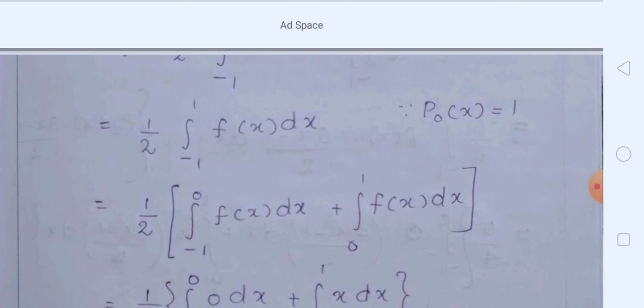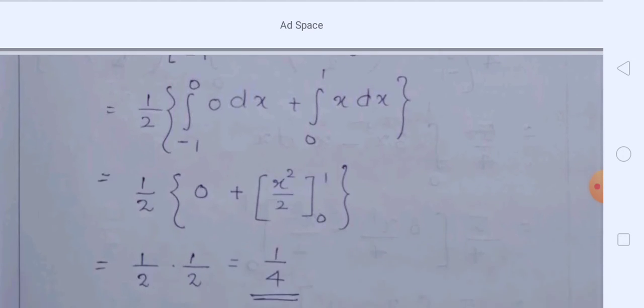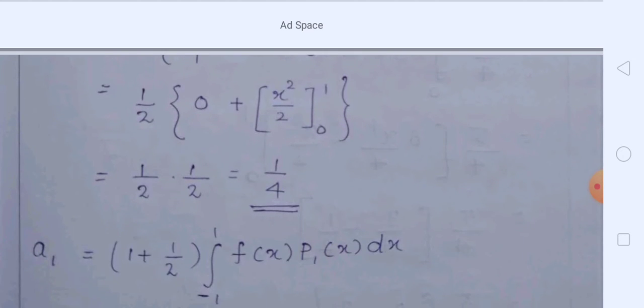We can split the integral minus 1 to 1 as minus 1 to 0 and 0 to 1, because the function is given as 0 from minus 1 to 0, and x from 0 to 1. Therefore, integral minus 1 to 0 of 0 dx plus integral 0 to 1 of x dx. Integrating, we get the result as 1 by 4. Therefore, a_0 equals 1 by 4.